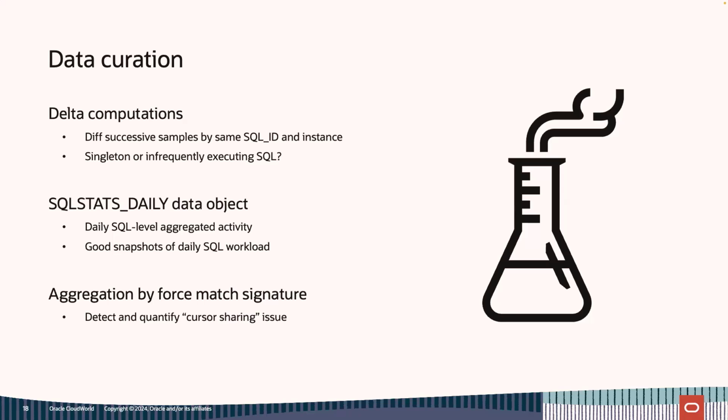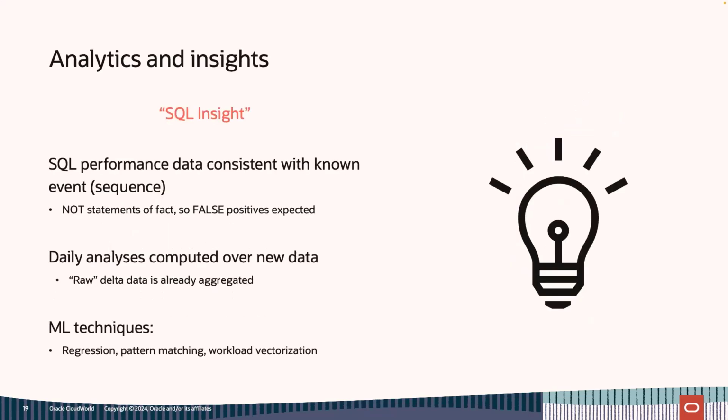Currently, we might collect thousands of SQLs and then roll them up into a single force match in the repository, whereas what we will be doing in the future is rolling those up at collection time and only returning the aggregate by force match signature. So that'll be a lot more accurate in the future.